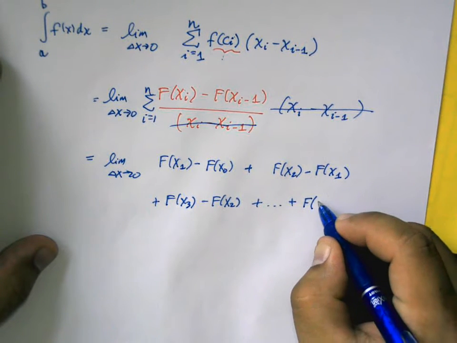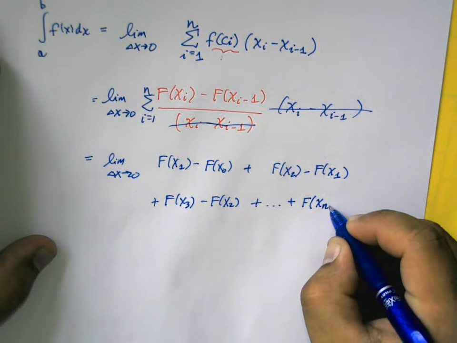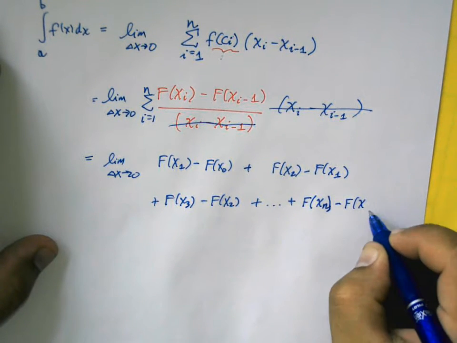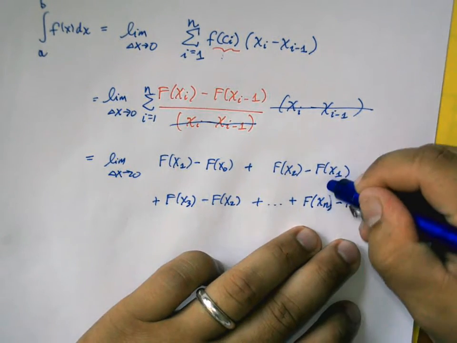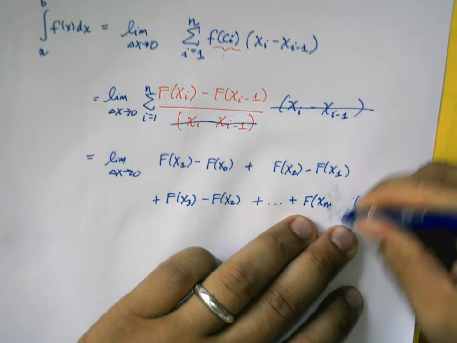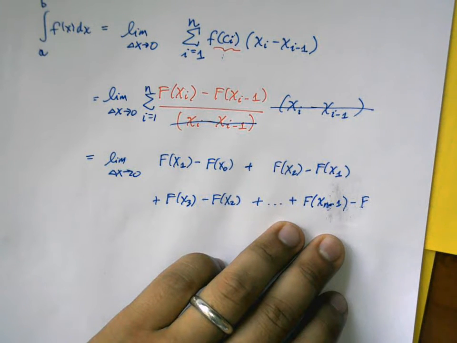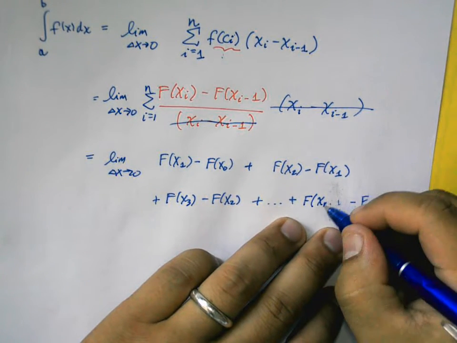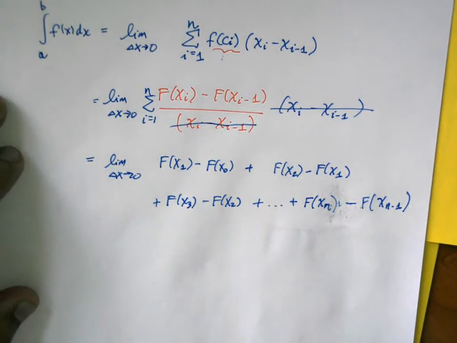It's going to be f of x n minus f of x n minus 1. It's getting late in the day and I'm starting to mix things up.